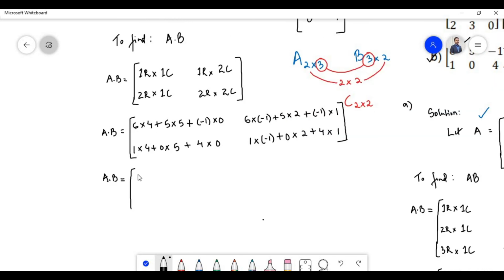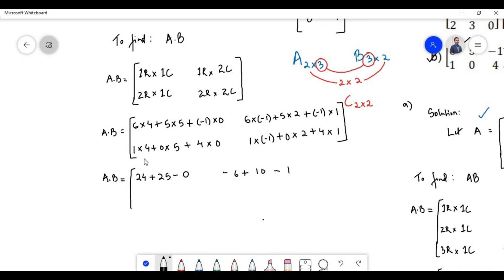6 times 4 equals 24 plus 5 times 5 equals 25 plus minus 1 times 0 equals 0. Next, 6 times minus 1 equals minus 6 plus 5 times 2 equals 10 plus minus 1 times 1 equals minus 1.